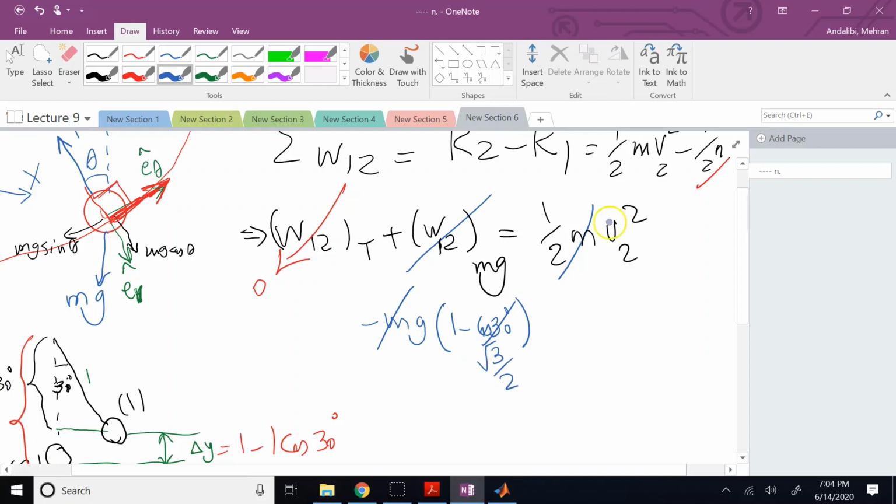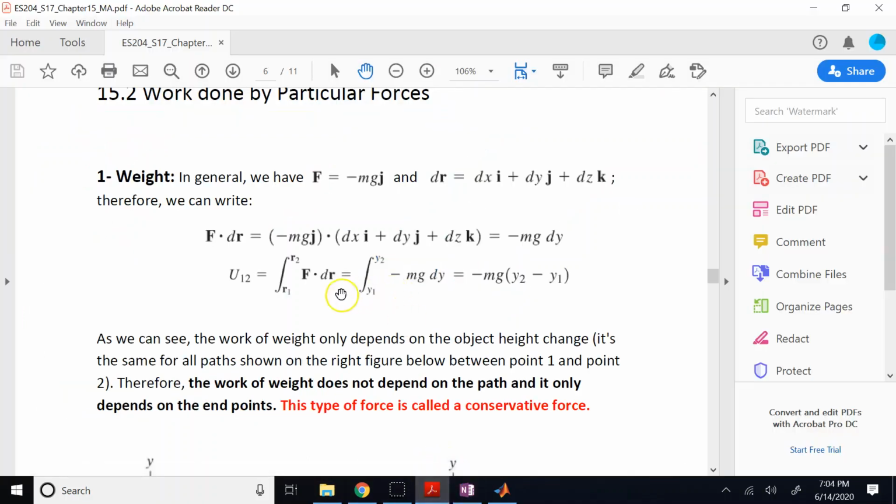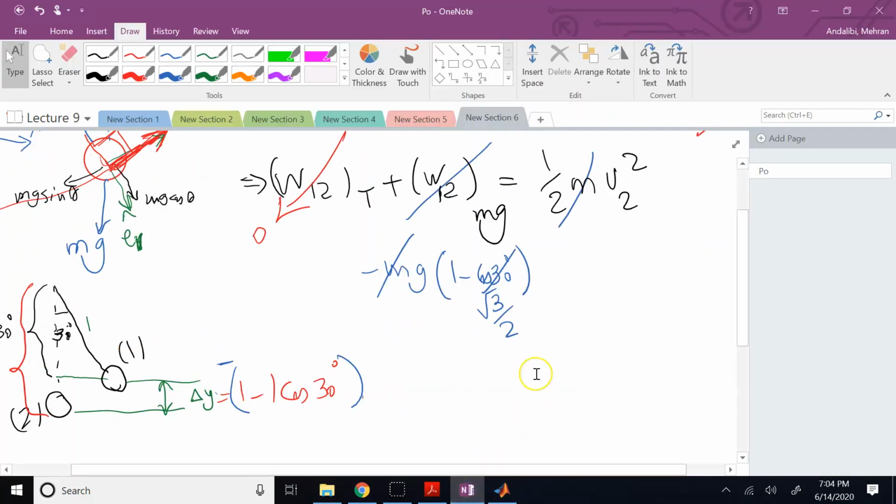Actually, in this case, since you're going down, this whole thing should be multiplied by a negative. So this is the delta y magnitude. But since you're going down, if you want to consider a sign for it, because we'll see in the next lecture, when we say delta y, we have to consider sign. So here, there is a negative, and that negative and this one would cancel. You're going to get the positive.